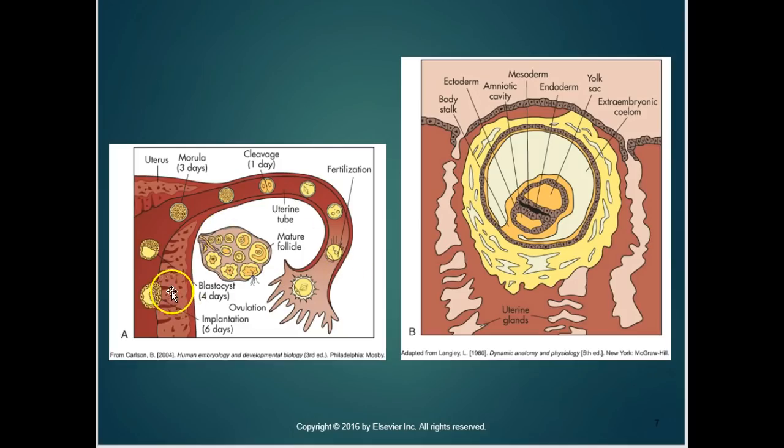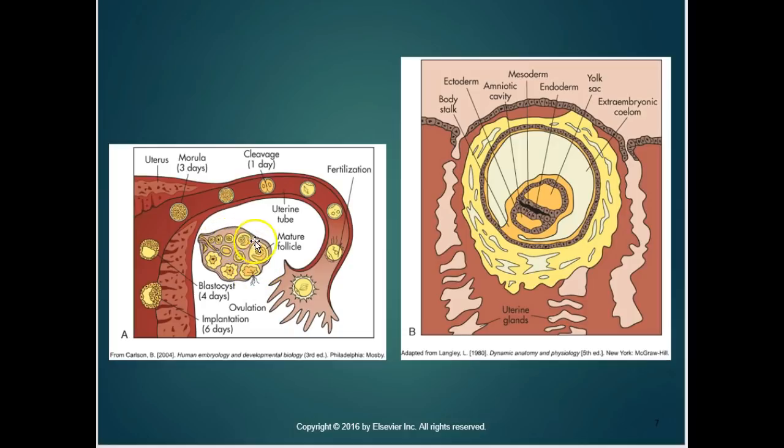We can see here's fertilization. So fertilization occurs actually in the tube. While the egg is maturing, we can see here's an ovum that turns into a primary oocyte, or an egg, and then it is expelled right here.